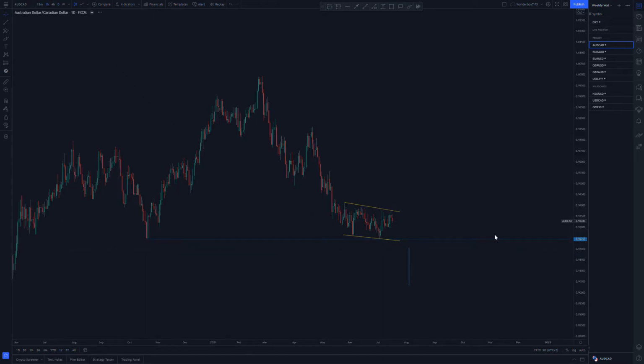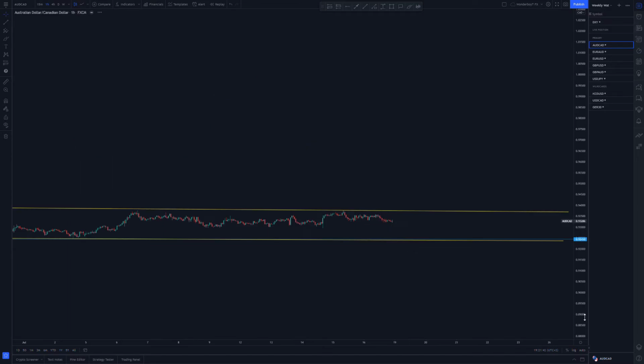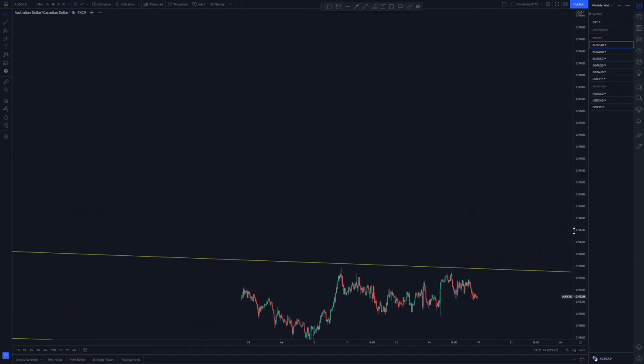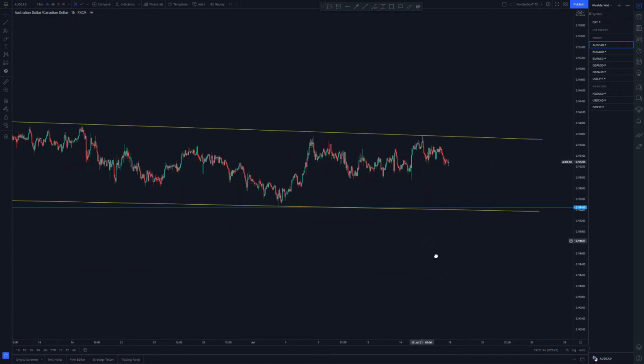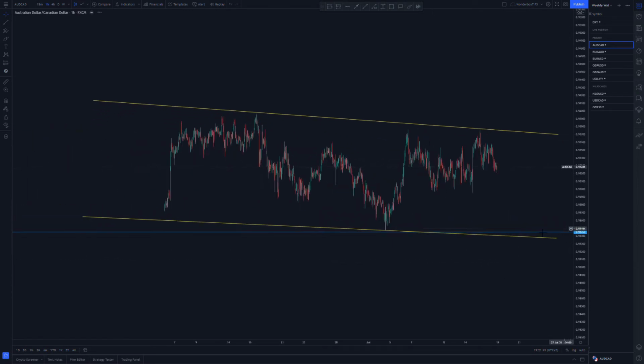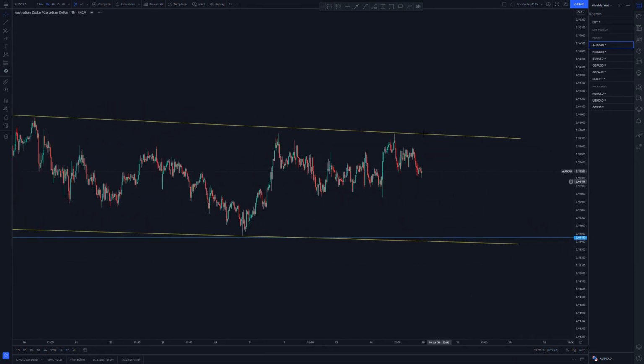When you go to the lower time frame, the 1H, you can see this is a nice structure and it's forming as well.